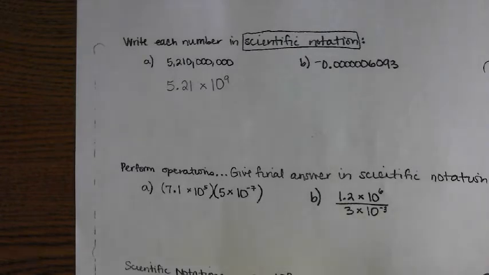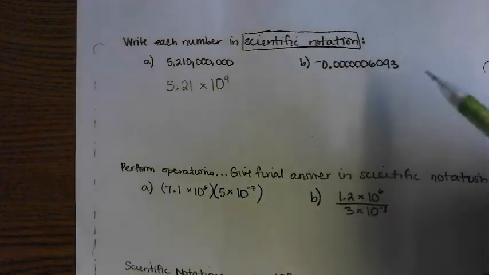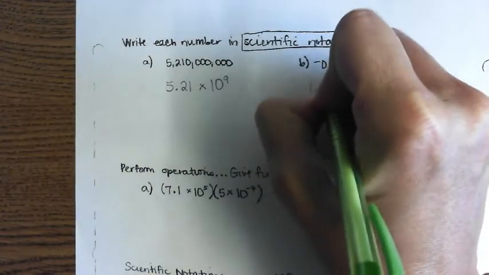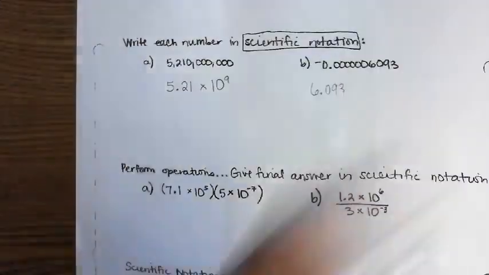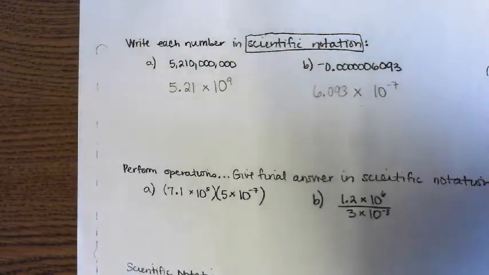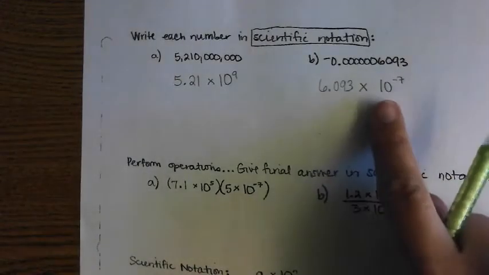Anybody disagree? Okay, that's very good. 5.21 times 10 to the 9th. And on B, take a minute. Sarah, what do you think? 6.093 times 10 to the negative 7.